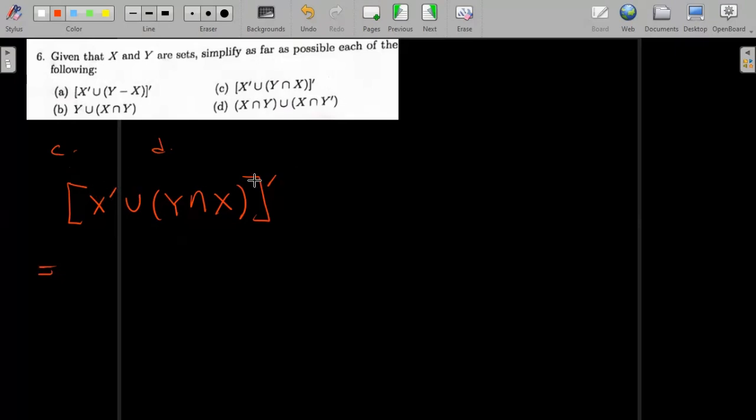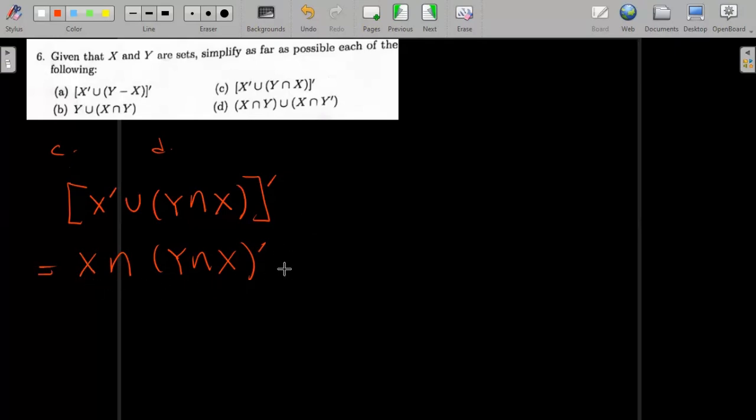When I distribute the complement, the complement with X complement goes away and I just remain with X. The sign then flips, it becomes intersection, then Y intersect X complement. This set will have a complement like this. So this is what I get there.